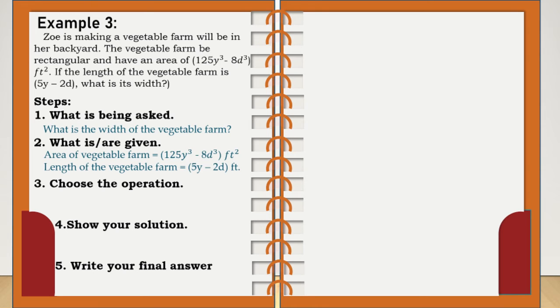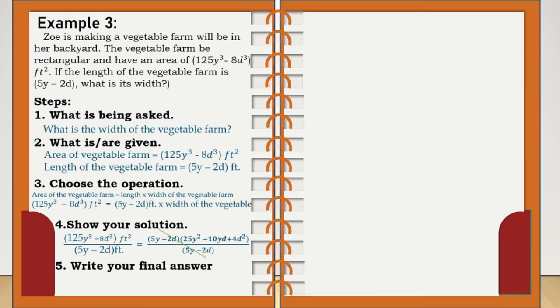Step 2, what are the given? Area of the vegetable farm, 125y cubed minus 8d cubed square feet. Length of the vegetable farm, 5y minus 2d feet. Choose the operation. Area of the vegetable farm is equal to length times width. Substitute.